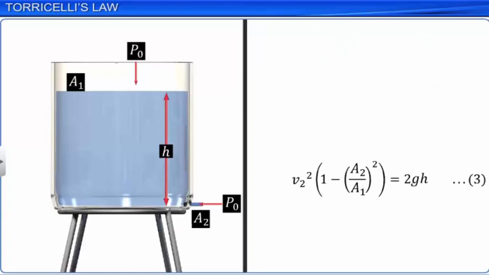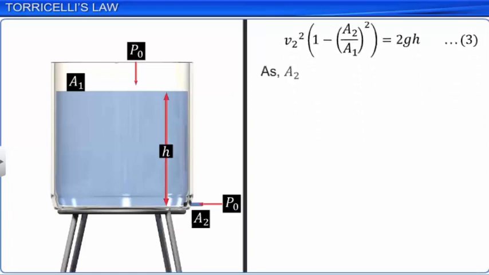As A2 is much smaller than A1, A2 in the above equation can be neglected and hence the equation changes to V2 square is equal to 2GH, or V2 is equal to root 2GH. This represents the speed of a freely falling body, which proves Torricelli's law.